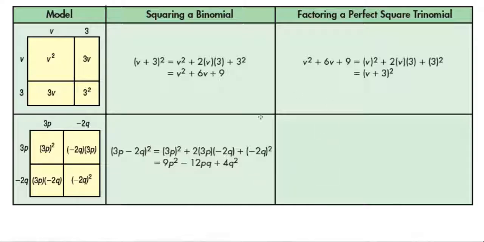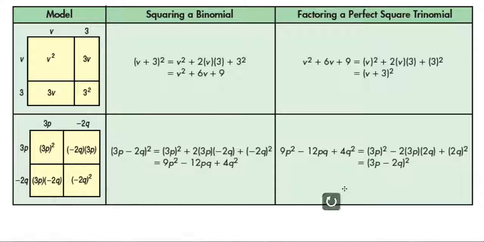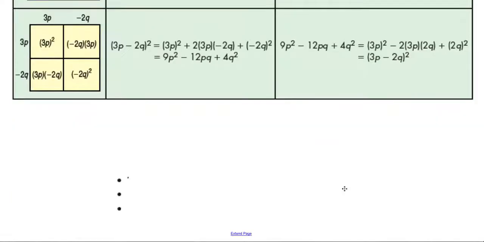If you want to factor this trinomial, we simply do the opposite. 9p squared minus 12pq plus 4q squared is the same as the quantity 3p minus 2q squared. So these are perfect square trinomials.